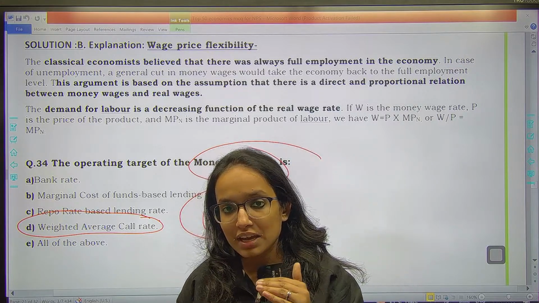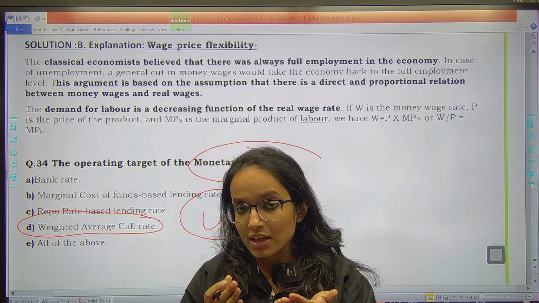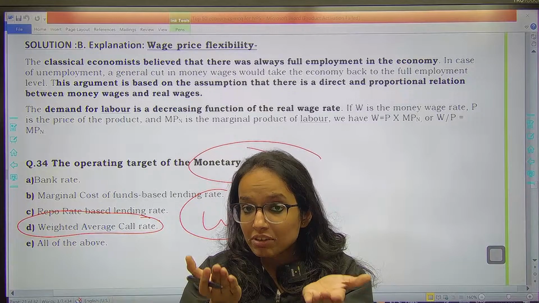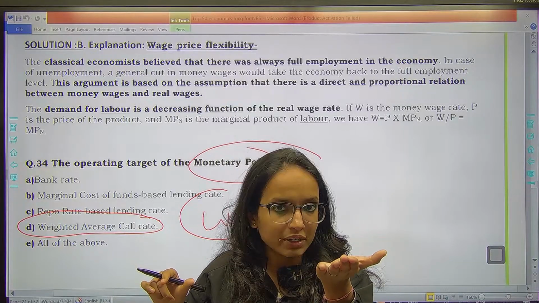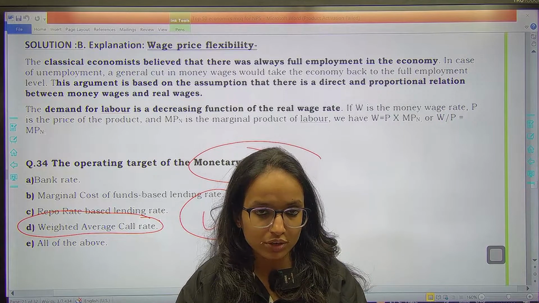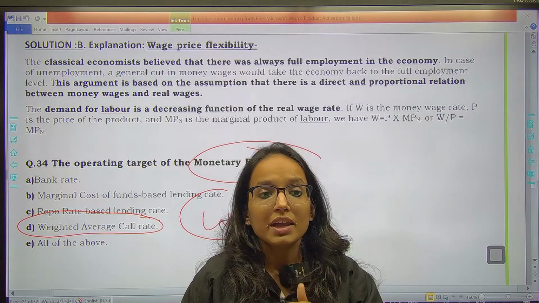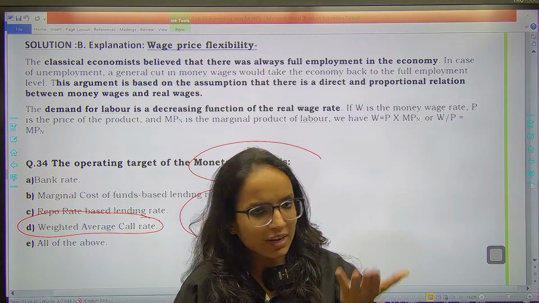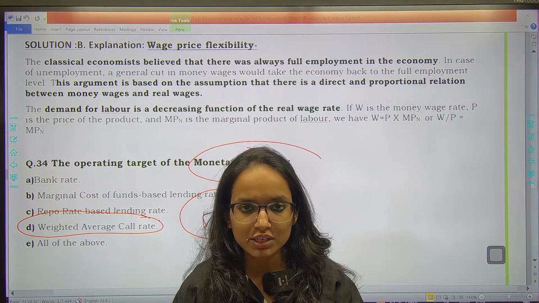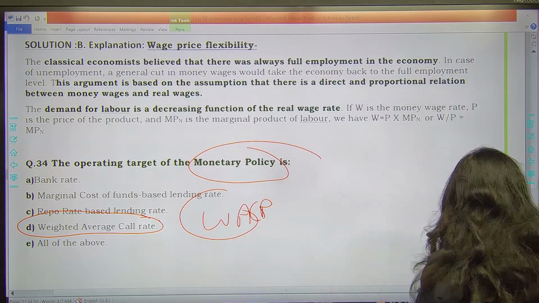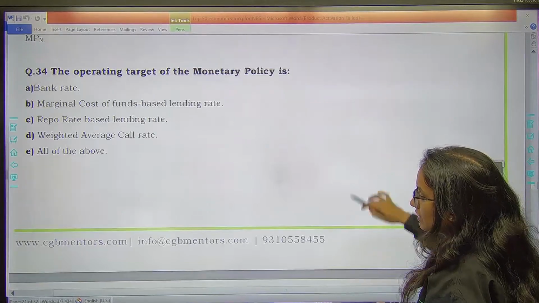If WACR is higher than repo, that shows interest rates in the call money market are higher, which means there is a crunch of liquidity. Less liquidity is why interbank transactions are happening at higher interest rates, so there will be liquidity injection. If WACR is lower than repo, that means liquidity is good, that's why interbank transactions are happening at lower interest rates, so RBI will do liquidity absorption, right? This is the indicator. Remember, the operating target of monetary policy is WACR.